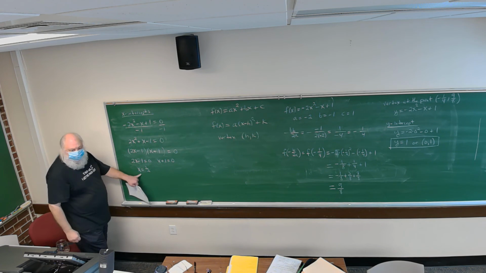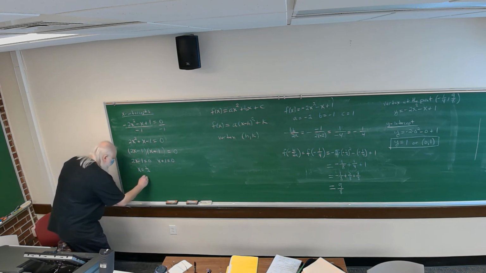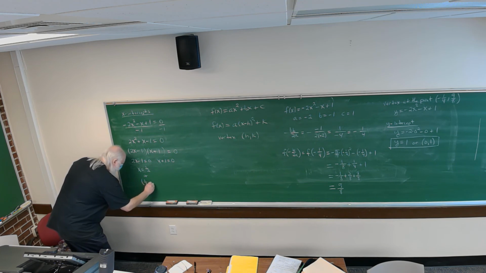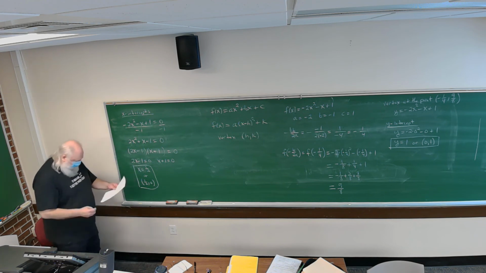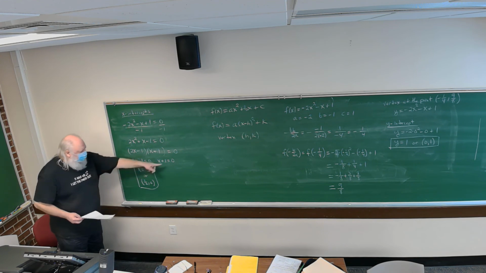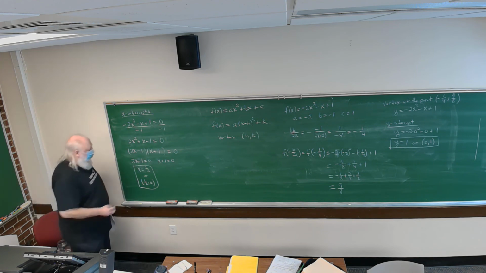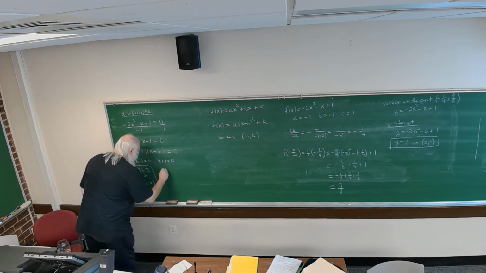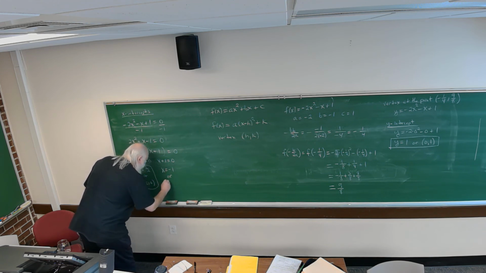So x equals 1/2 is one x-intercept, which is the point 1/2, 0 in the coordinate plane. And then for the second equation, when we solve for x, we get x equals minus 1, which is the point minus 1, 0.